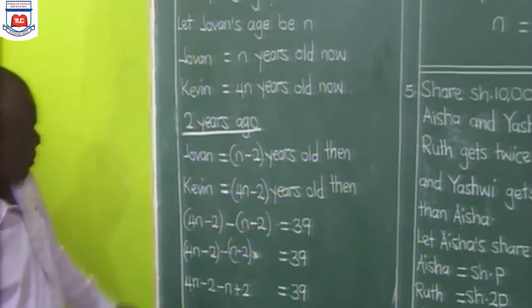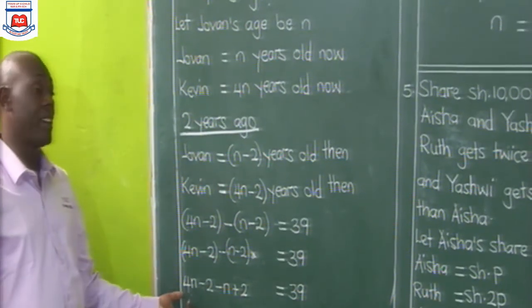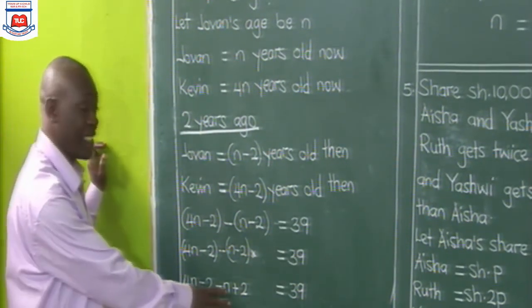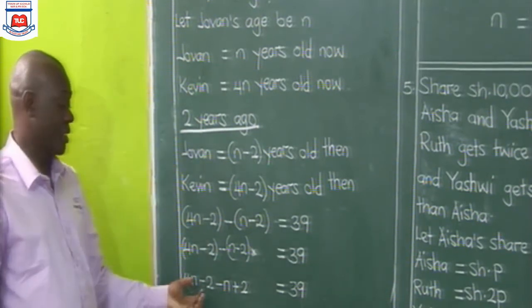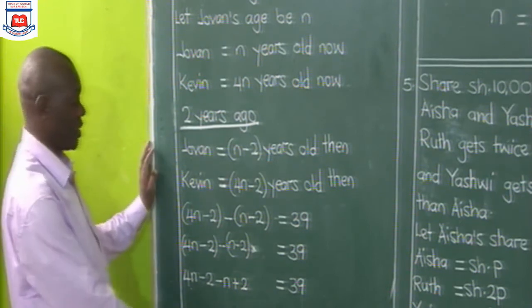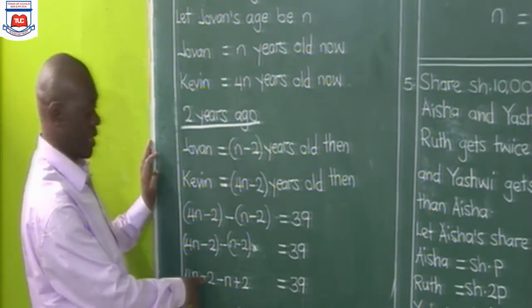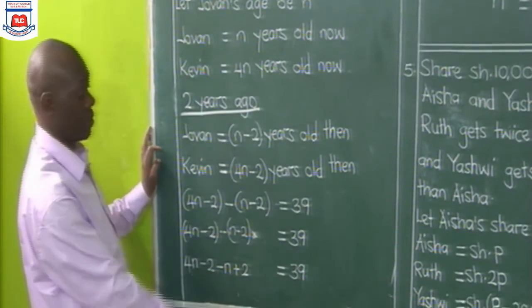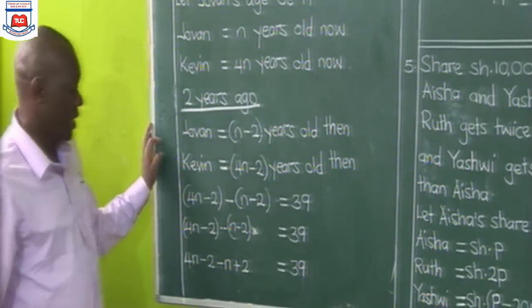The next step is gathering the like terms, maintaining the signs. When collecting like terms, the signs must be maintained. This one remains a minus, this one remains a minus as well, this one remains a plus.